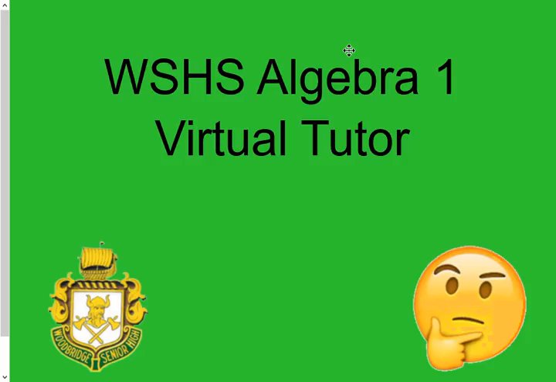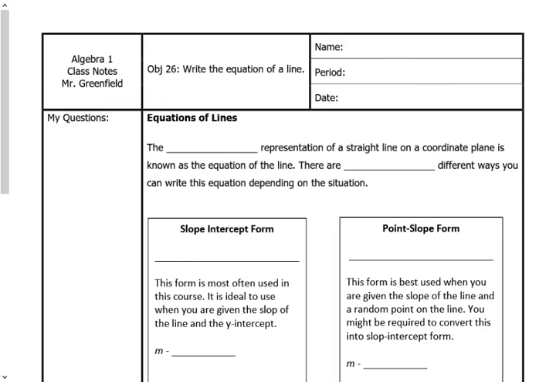And in this section, we're going to look at objective 26. Now, in 26, we're going to do something called write the equation of a line. So we're going to end up with an equation graphically that will be able to represent a line. And we've done some of this in the past with mx plus b.